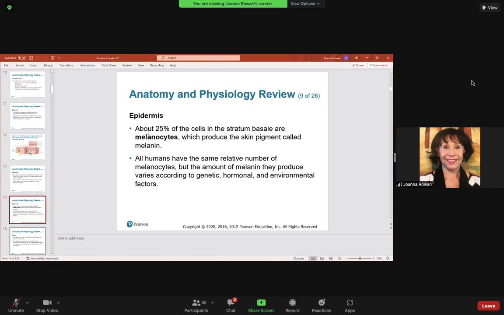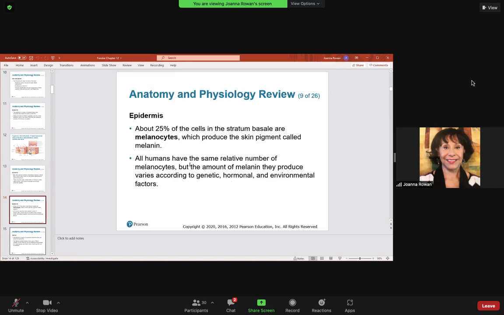So in the epidermis, about 25% of the cells in the stratum basale are melanocytes, which produce the skin pigment called melanin. All humans have the same relative number of melanocytes, but the amount of melanin they produce varies according to genetic, hormonal, and environmental factors.